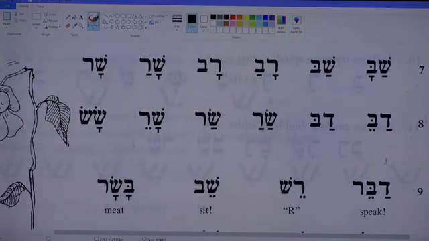On lines 7, 8, 9, actually 7 and 8 are nonsense words, and they're going to use all of the consonants and the vowels that we've got to date, and they will give us just nonsense sounds.